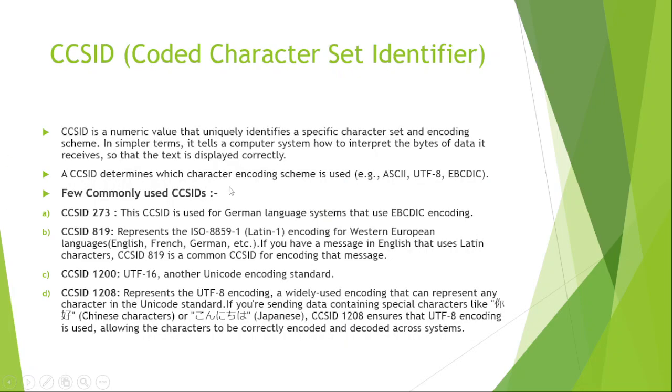When talking about character encoding, a further division came, the CCSID. You can say that it is a division of the encoding, because we cannot do much with character encoding alone.